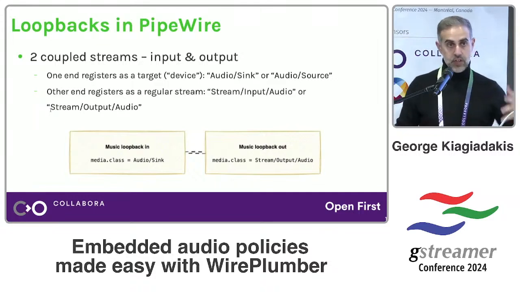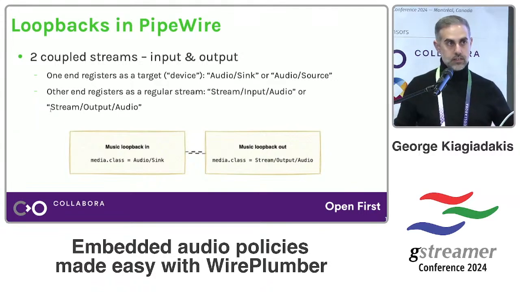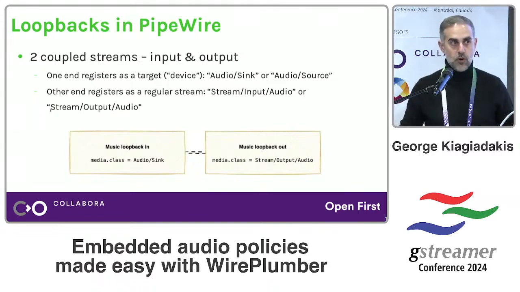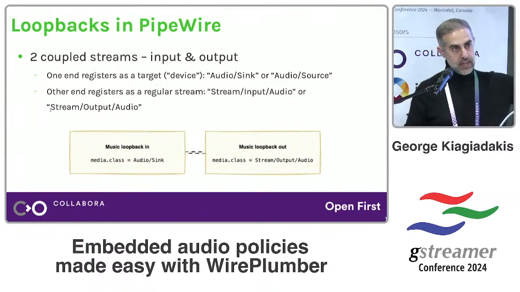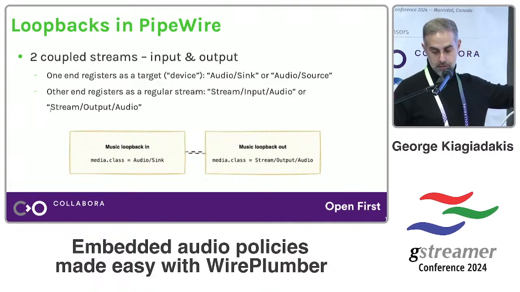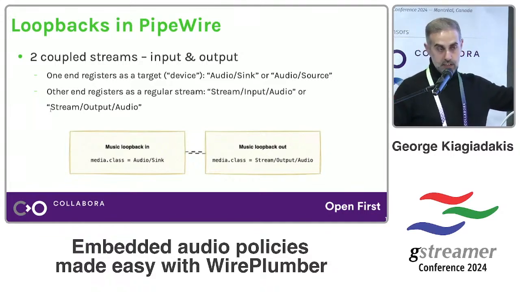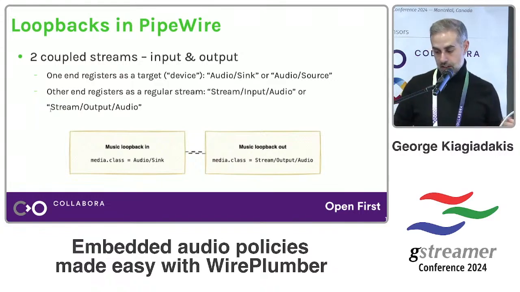The other stream, the opposite direction stream, will register as a stream. So it is registering as if it was an application stream and has to be linked somewhere else. In the example here, the first node, the input node, is an audio sink, that means a device, and the other one is a stream output audio, so it's a regular stream as if it was an application.